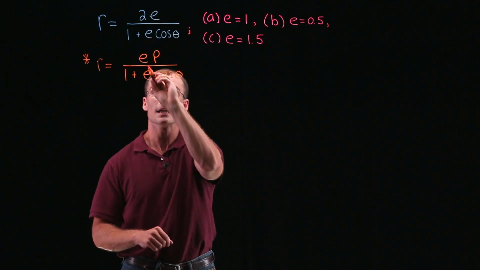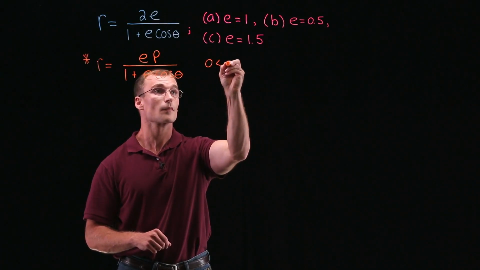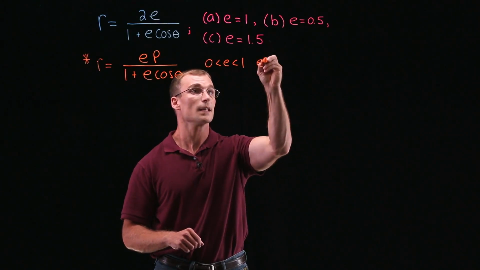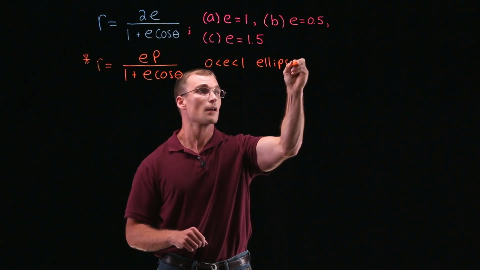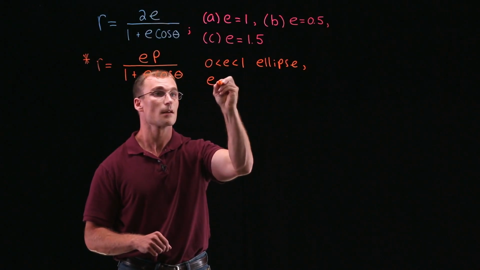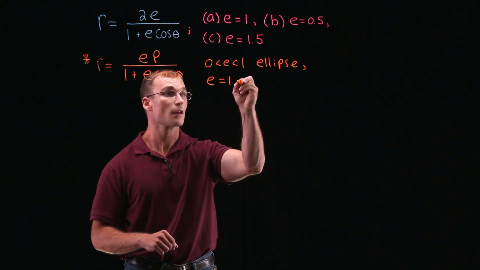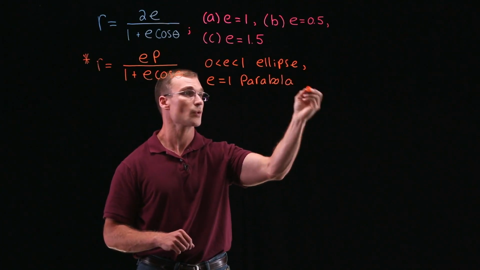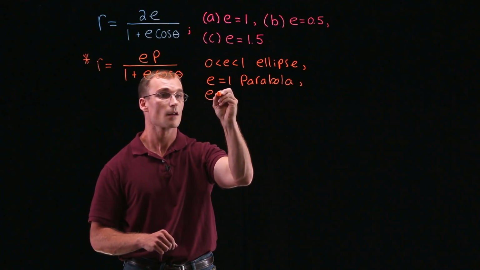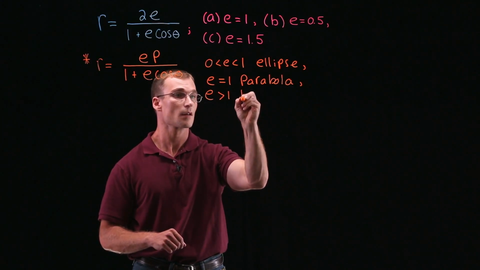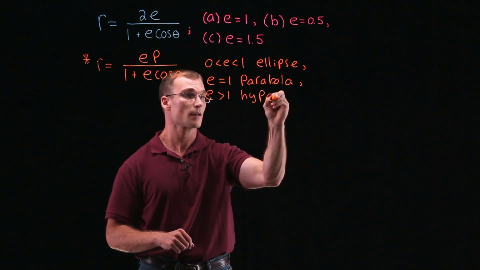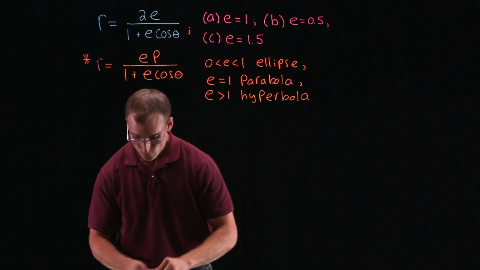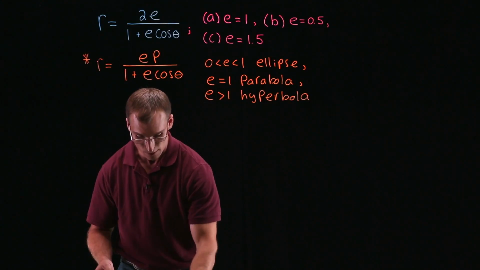From this form, if e is between 0 and 1, then we know we get an ellipse. If e is equal to 1, then we know we get a parabola. And if e is greater than 1, we get a hyperbola. So without even writing anything else down, we can identify what we have.